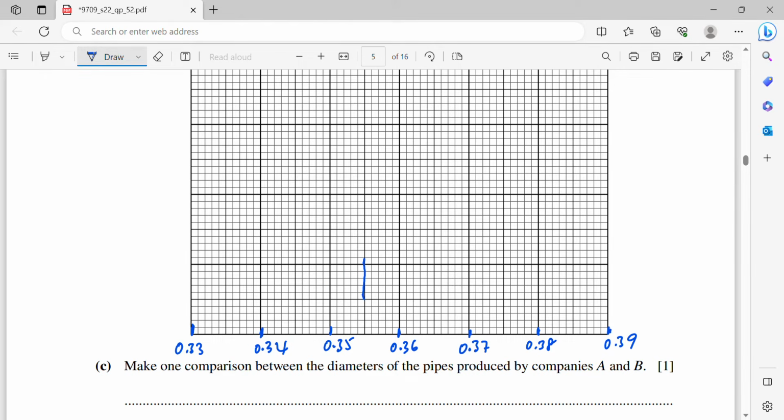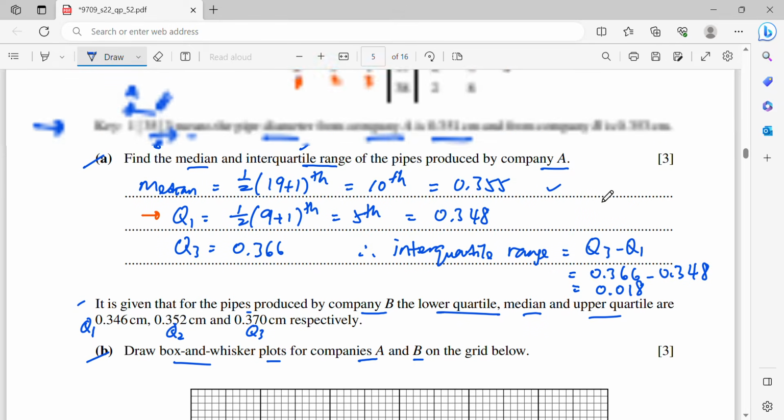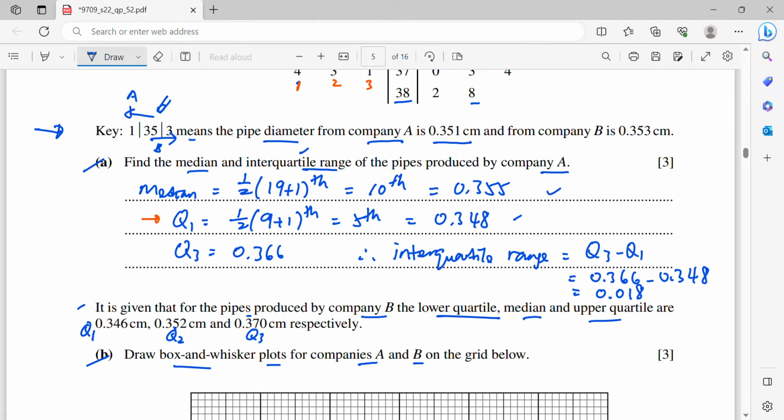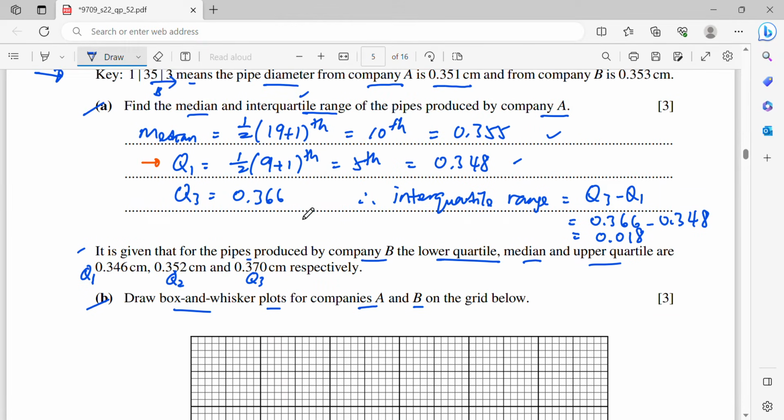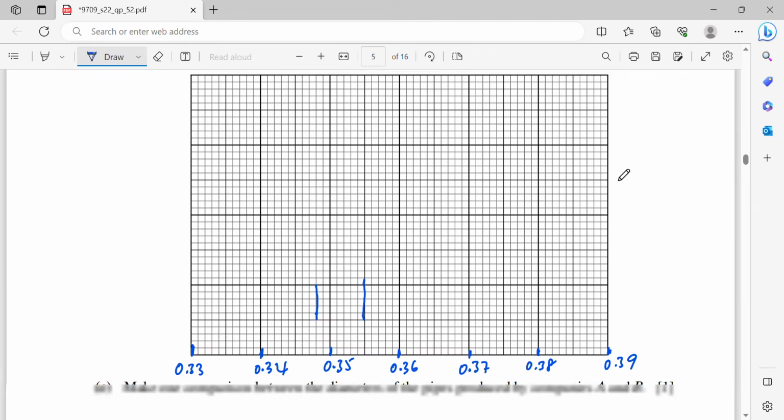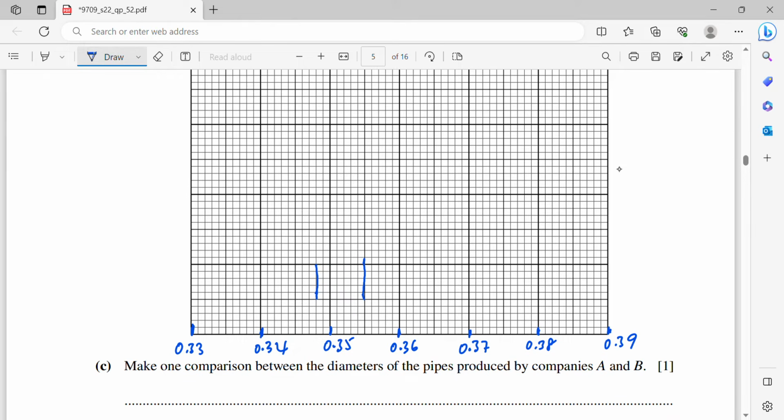Then my Q1 is 0.348, so 348 is over here. After that, Q3 is 366, so 366 is over here. Then I will draw a horizontal line.